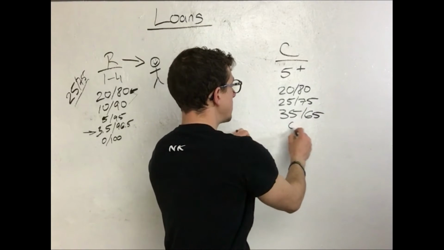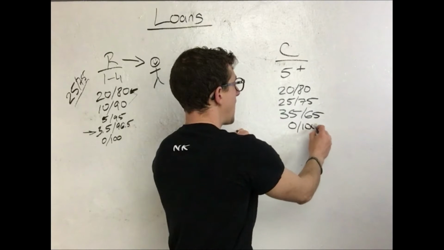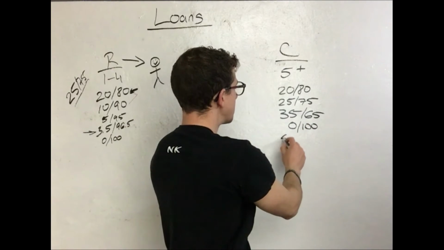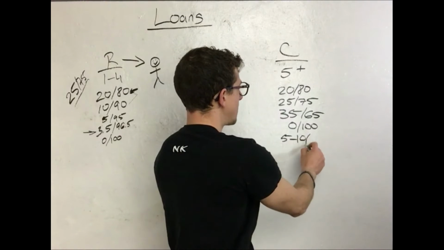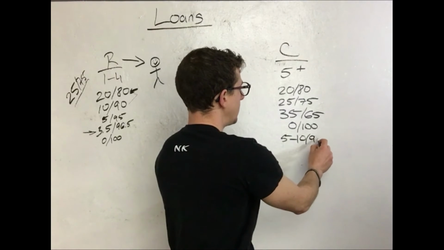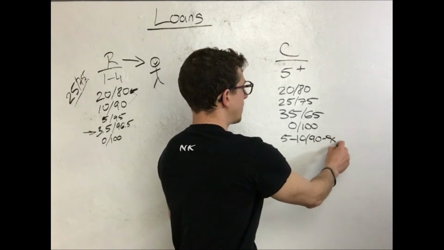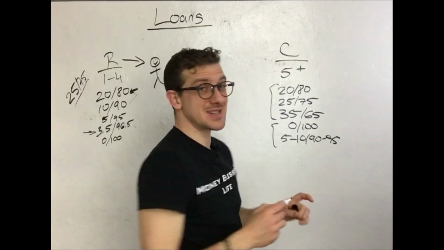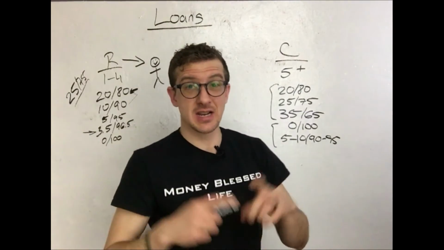Occasionally you can actually get 0 down and 100% financed. And very rarely is it going to be 5 to 10% down, or 90 to 95% financed. So these are the most typical. These exist but are not as prevalent.